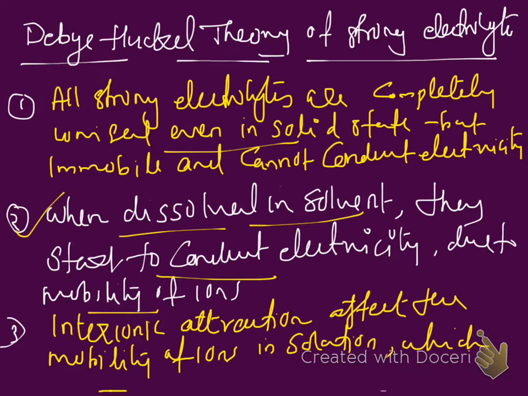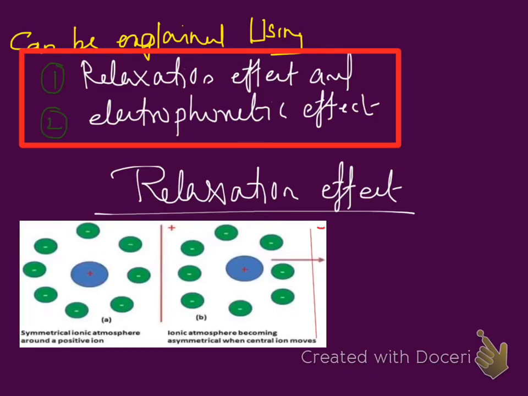So, the interionic attraction of electrolytic ions in a solution can be explained using two effects: the relaxation effect or asymmetry effect, and the second one, the electrophoretic effect. We have to see them one by one.